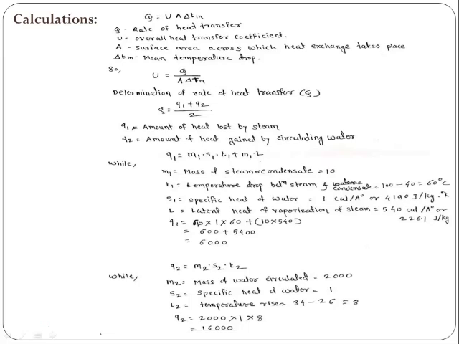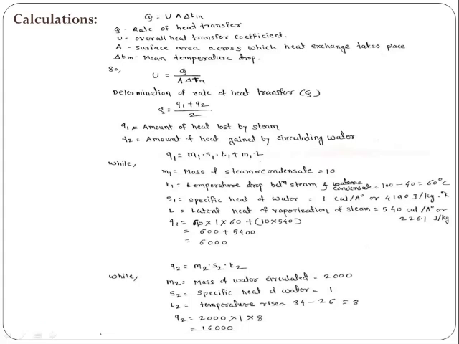By putting the values into the equation, Q1 is equal to 6000 calories. Here latent heat of vaporization is 540 calories and specific heat of water is 1 calorie per gram degree Celsius.